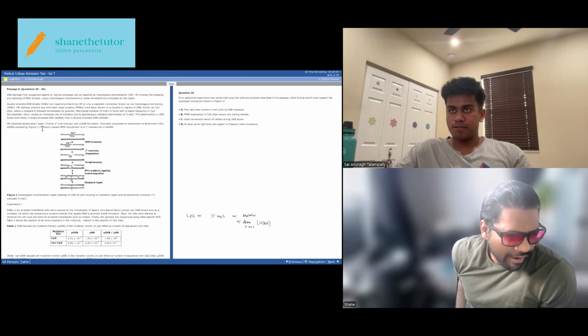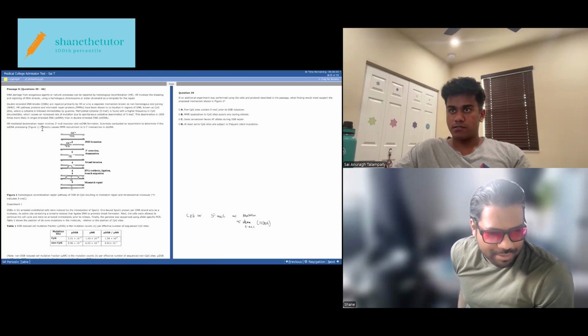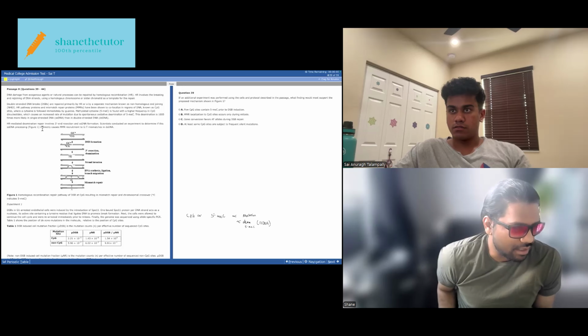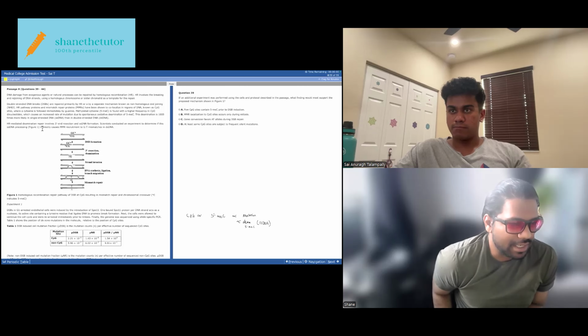Okay, so figure 1: homologous recombination repair pathway of DSB at CpG resulting in mismatch repair and chromosomal crossover. This asterisk next to the C indicates that it's the methylated cytosine.